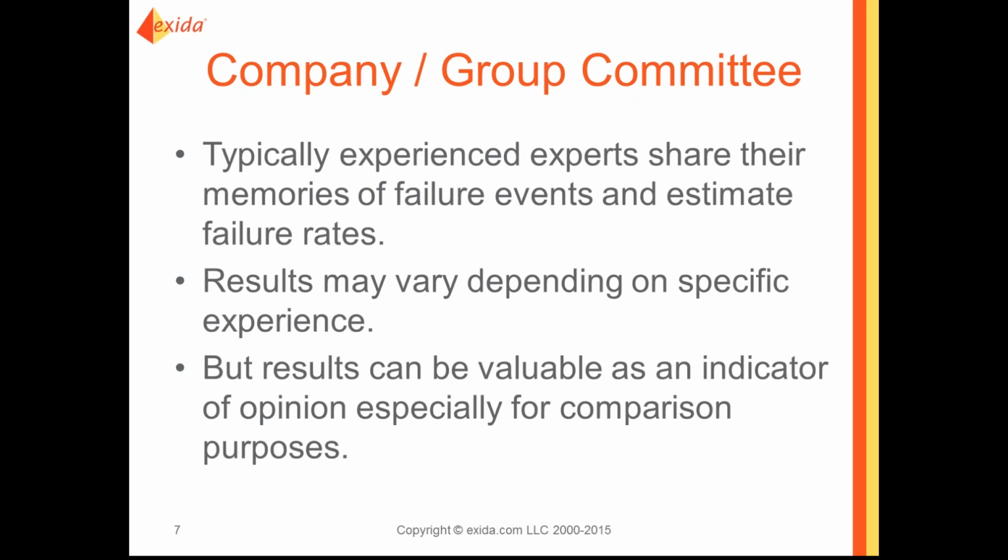Another source of data are company or group committees. Usually those committees are made up of experienced experts, and those experts get together and share essentially their experience of different failures that they've witnessed or seen. Now what's included in that analysis or what's included in the database can vary widely because the experience of the different groups can vary.